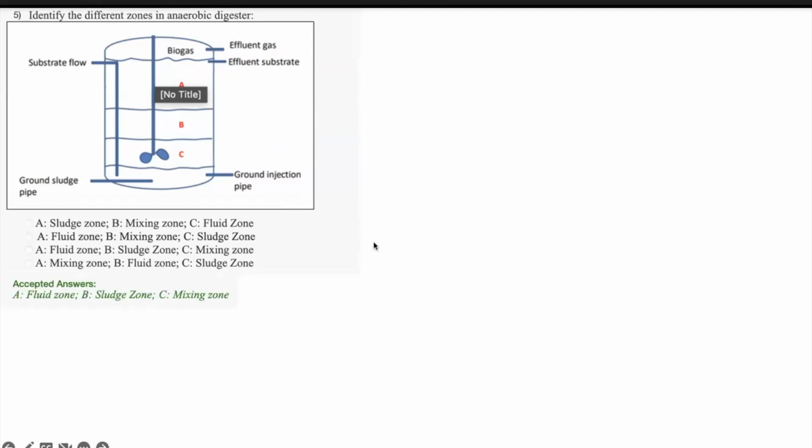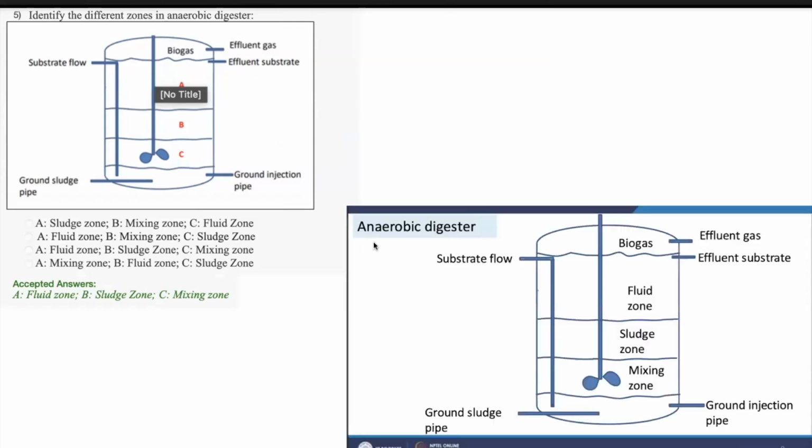So if you have answered option C, that is, A is the fluid zone, B is the sludge zone, and C is the mixing zone, then you are correct. And if you are not able to remember, you can go back to the lectures of Professor Mondal, and he has given a very nice explanation about all the regions present in the anaerobic digester and what their functions and roles are.